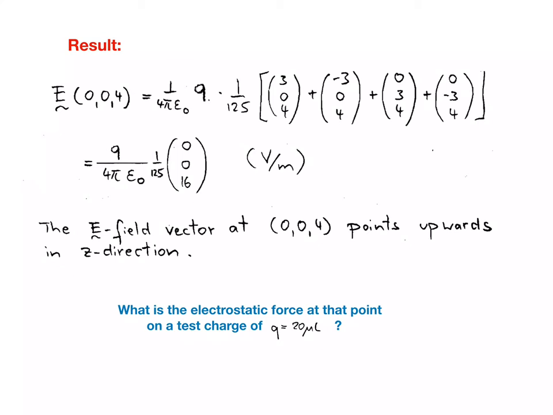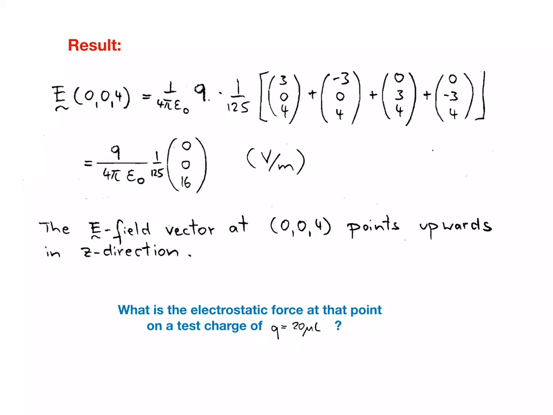It is interesting to consider what electrostatic force may act on a fifth point charge, for example Q equals 20 microcoulomb, that is placed at the point of interest. This in fact represents the standard problem of electrostatics.